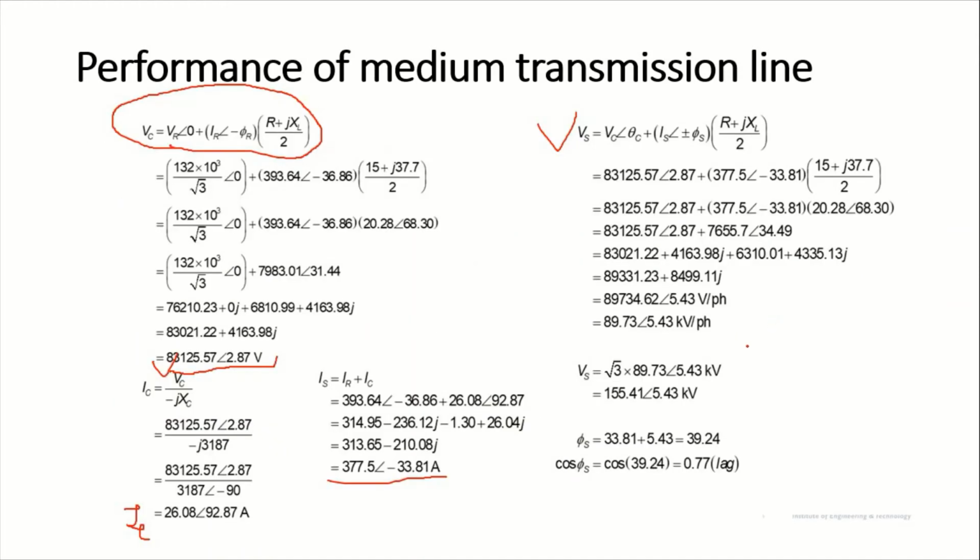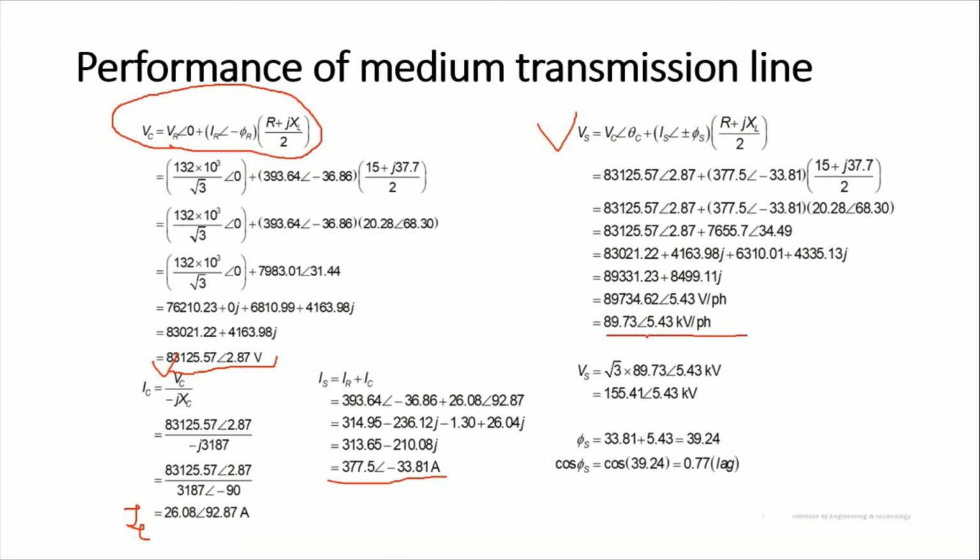So Vs is equal to Vc plus Is angle minus phi s into R plus jXL by 2. Putting in all the values from before and calculating, we get the final answer of Vs as 89.73 angle 5.43 kilovolt per phase.